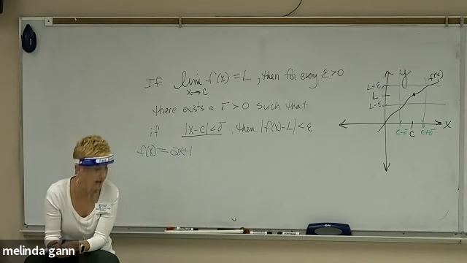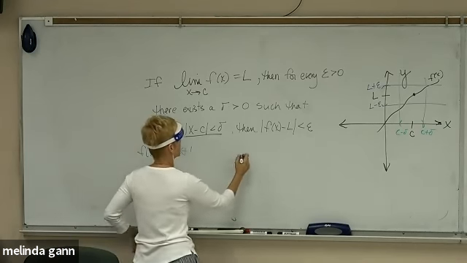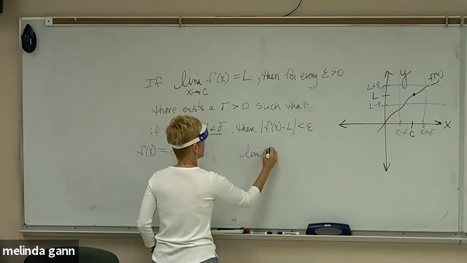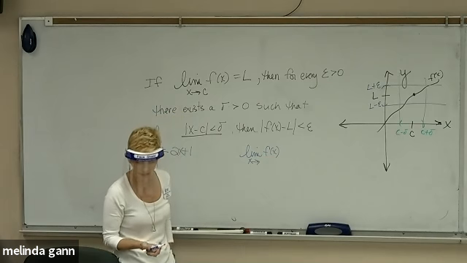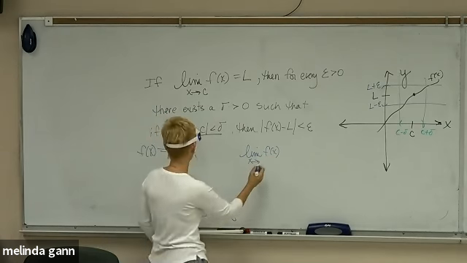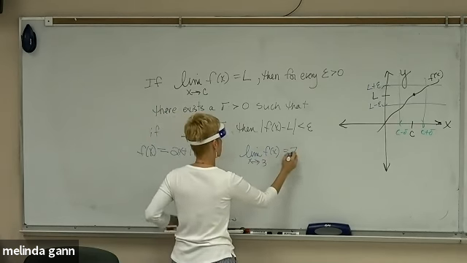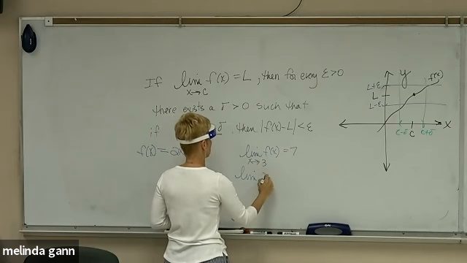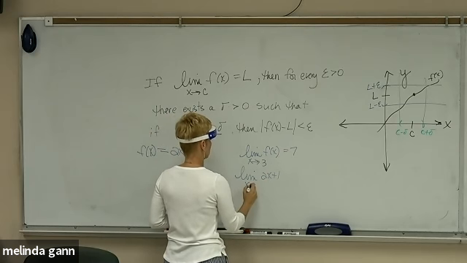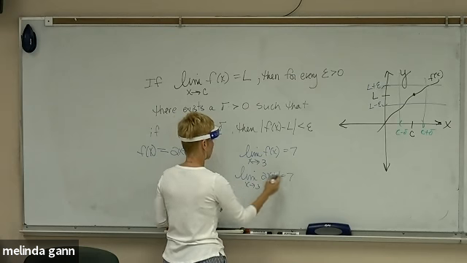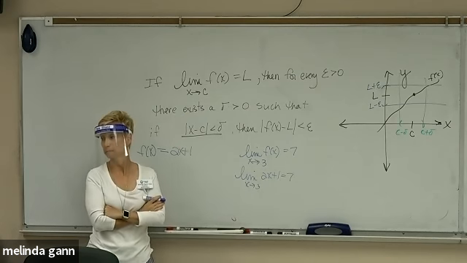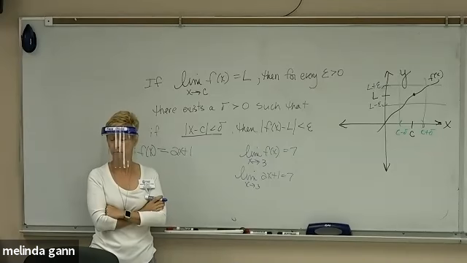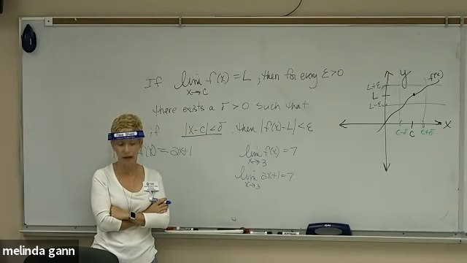And you tell me that you think this is true: the limit of that function as x approaches, let's just do something simple, 3 is 7. That's what you've decided. And you tell me that I have to prove that.